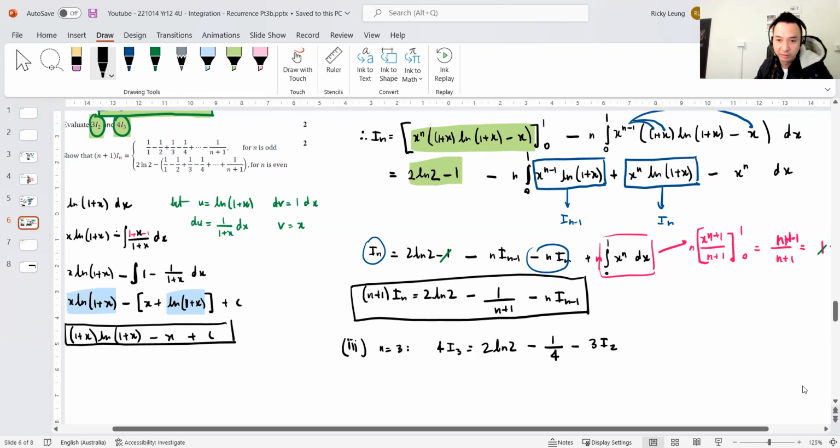Let's go there. So then 3 I2 equals 2 ln 2 minus 1 on 3 minus 2 I1.